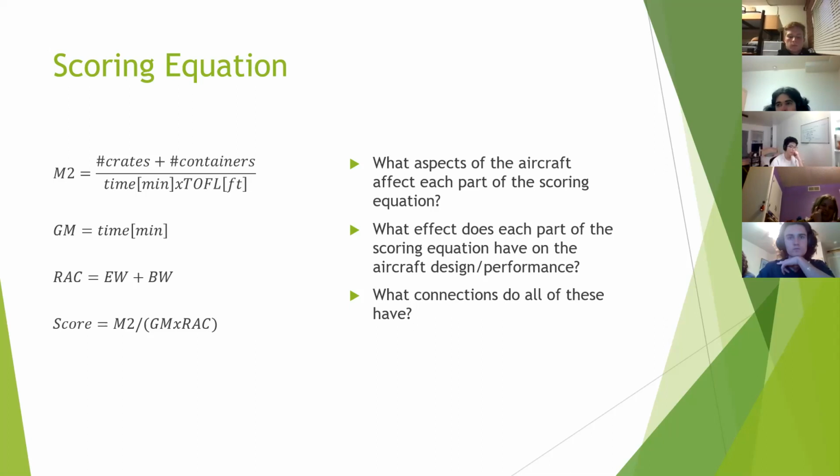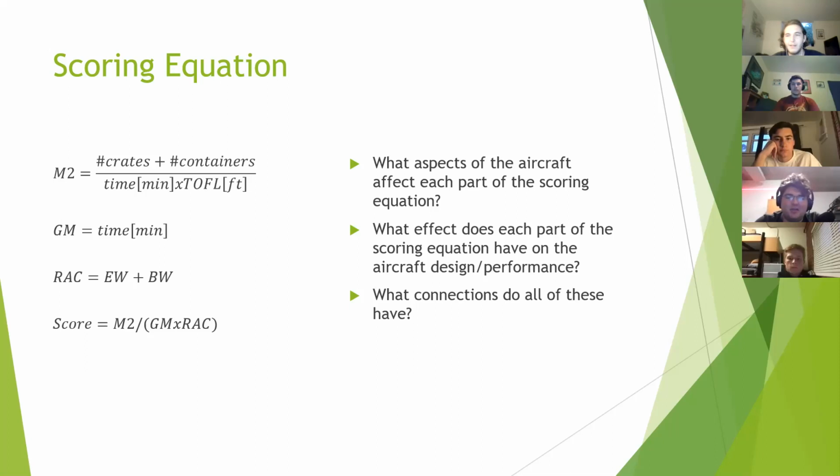All right, but in all seriousness, I do have an answer for the question you were asking. Essentially, these scoring equations indirectly influence what your plane should look like, because different plane designs lend themselves to different kinds of flight parameters.